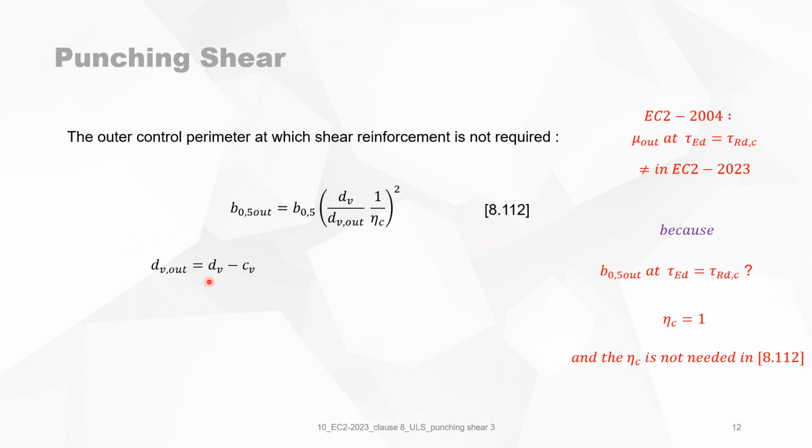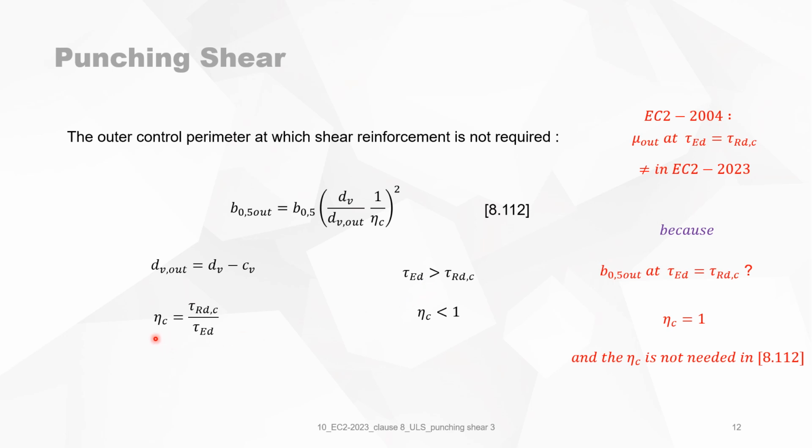dv,out, we have seen, is dv minus cv. Eta_c was this proportionality. And we can have a little check on this formula just to prove this. It's obvious that the applied shear stress is bigger than or equal to the shear stress in the concrete, in this case here, for calculating at the outer control perimeter.